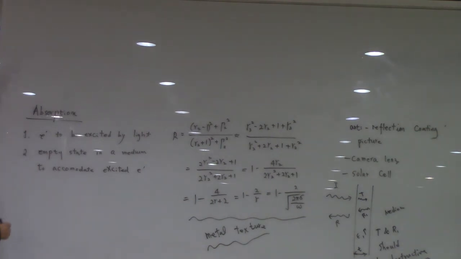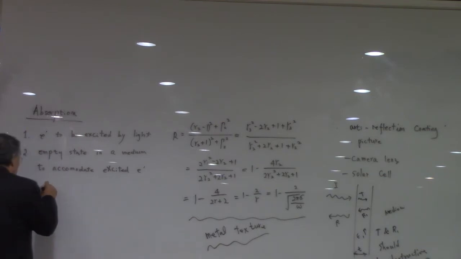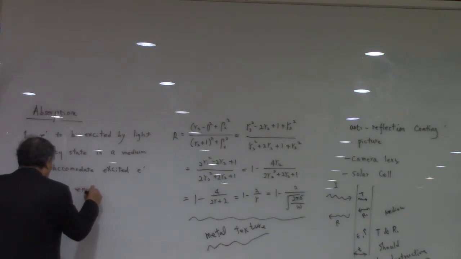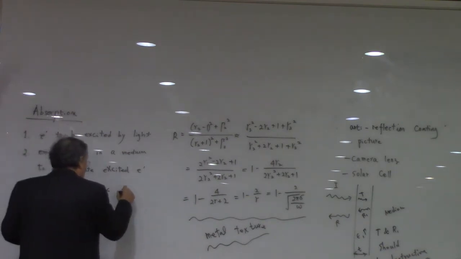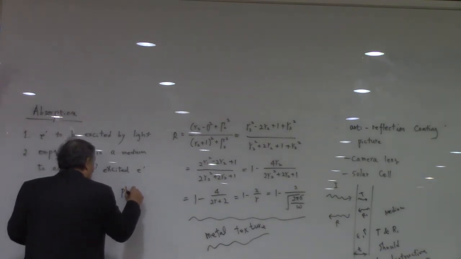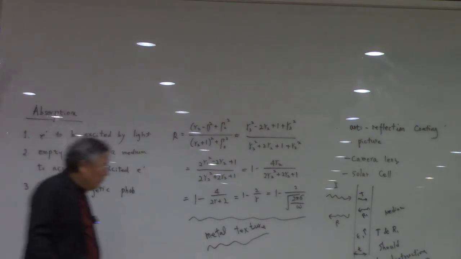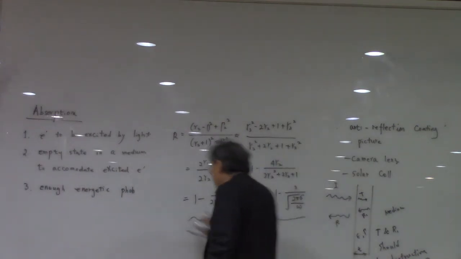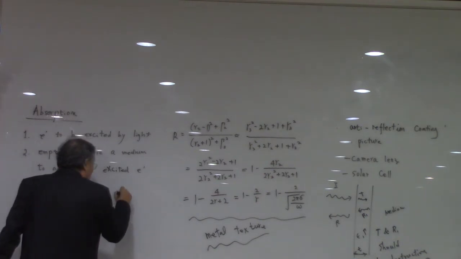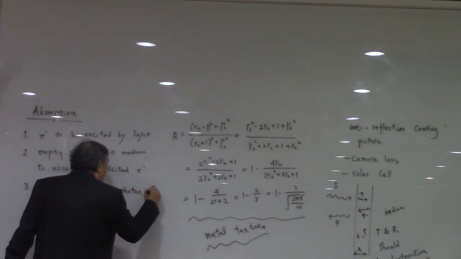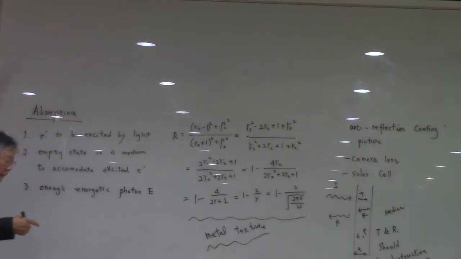All right? And then finally, we have enough energetic photon energy, of course, for the electron to be excited.